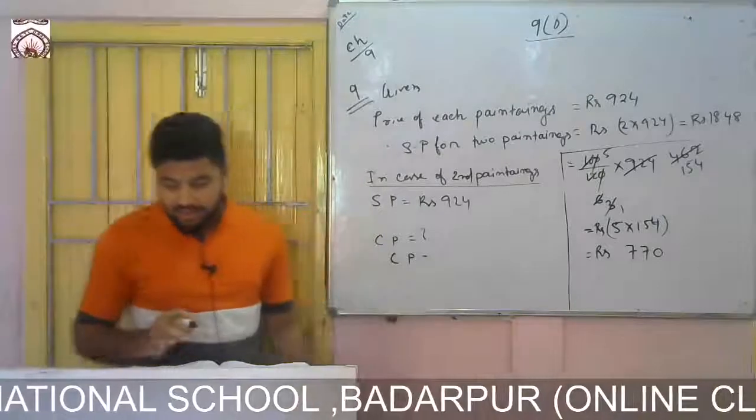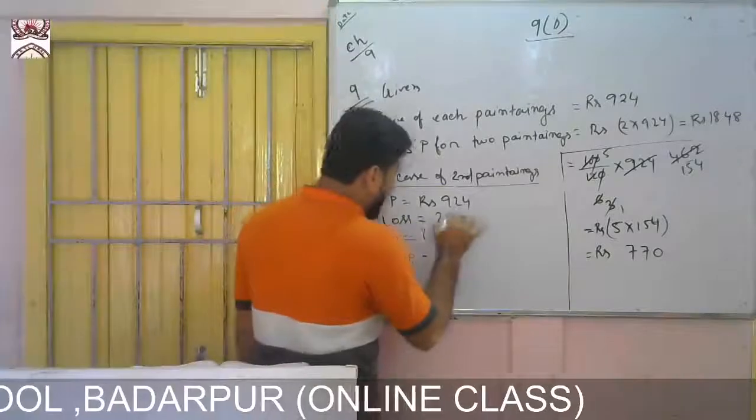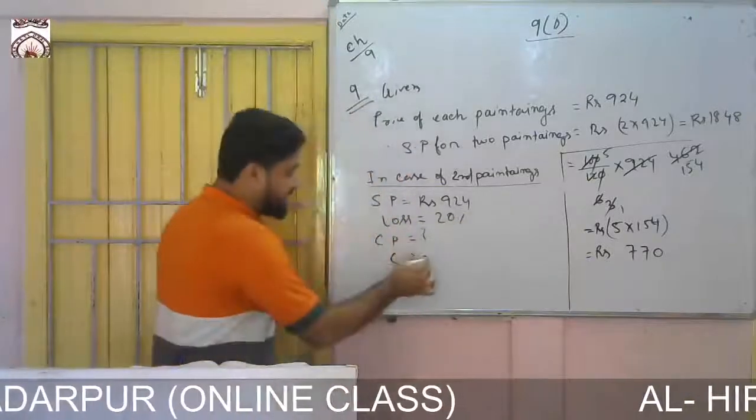And he loses 20%. Now we have to find the CP.